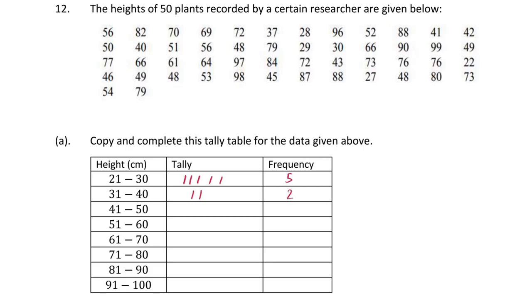The next class is 41 to 50. Then we count the tallies as 1, 2, 3, 4, 5, 6, 7, 8, 9, 10, 11. And the frequency is 11. The next class is 51 to 60. Then the tallies are 1, 2, 3, 4, 5, 6, and the frequency is 6.